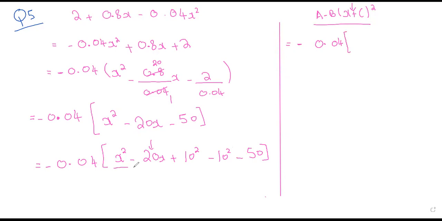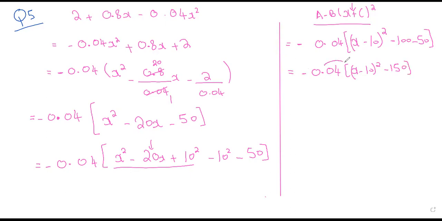And then this is a complete square, so I can write it down this way, x minus 10 whole squared and then minus 100 and then minus 50, and this is going to give me negative 0.04 x minus 10 squared minus 150.